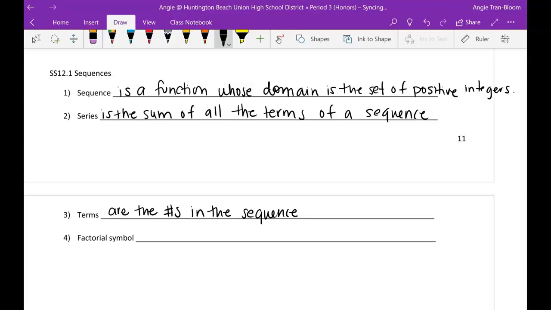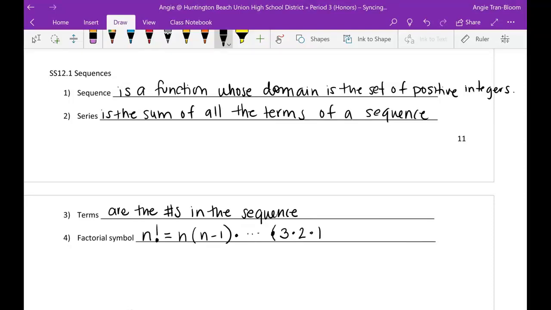Factorial symbol. Usually we use this symbol right here. So n factorial means it's n times n minus 1 times, and so on, times 3 times 2 times 1.